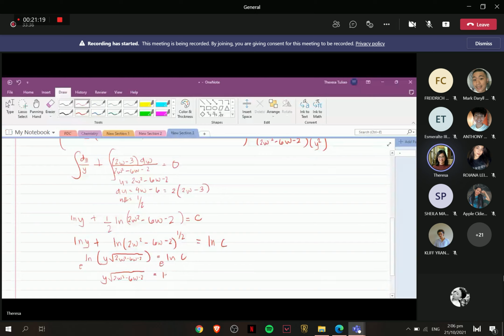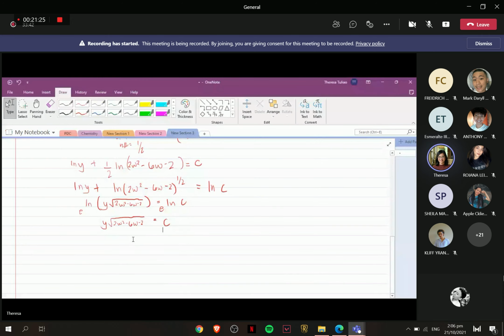Okay. So now that it's in this form, no, kailangan nating ibalik yung sinubstitute natin kanina na x is equal to wy. So that is actually w is equal to x all over y. So ibabalik natin tong w. Okay.